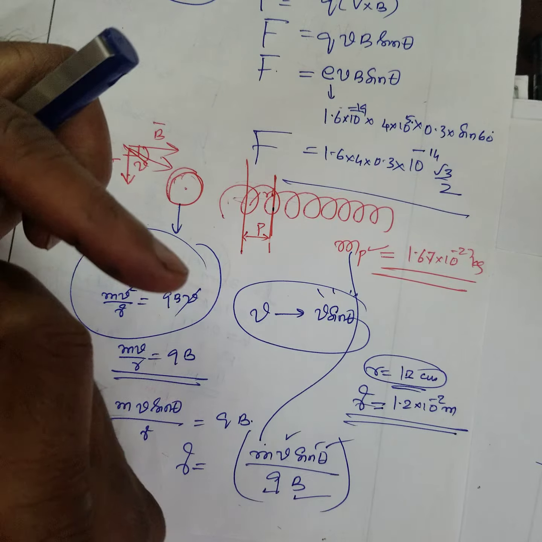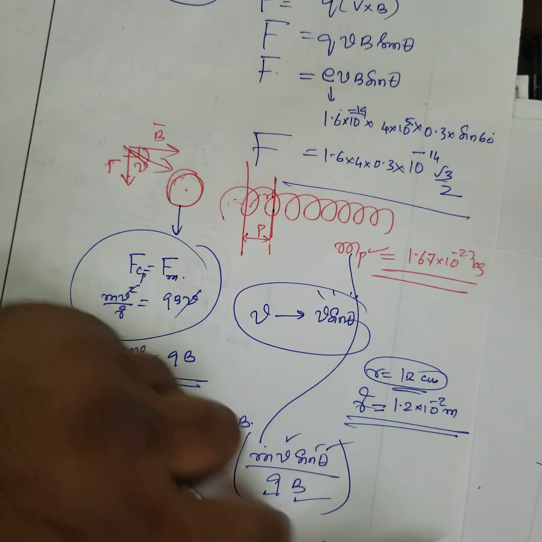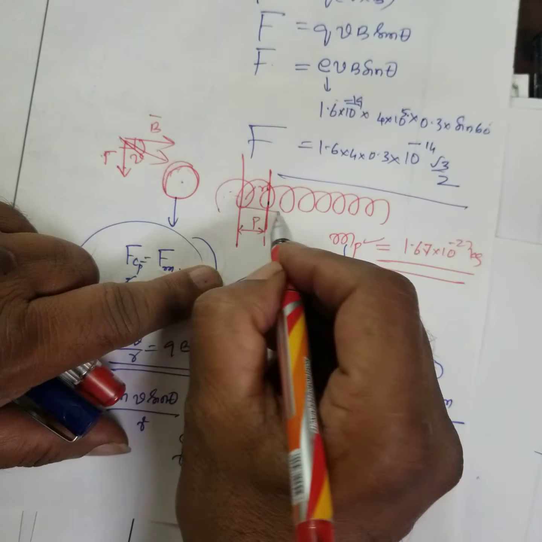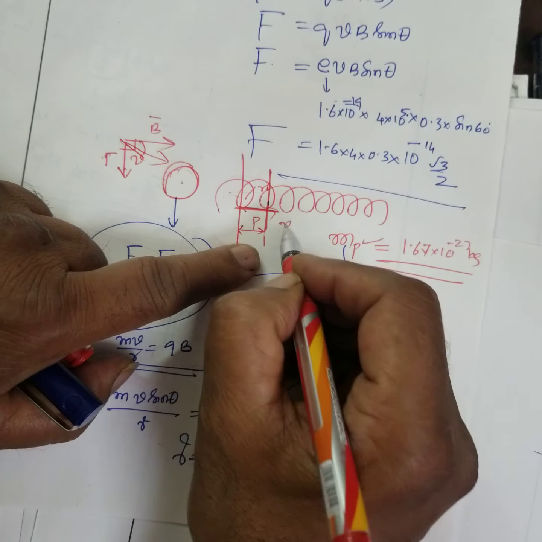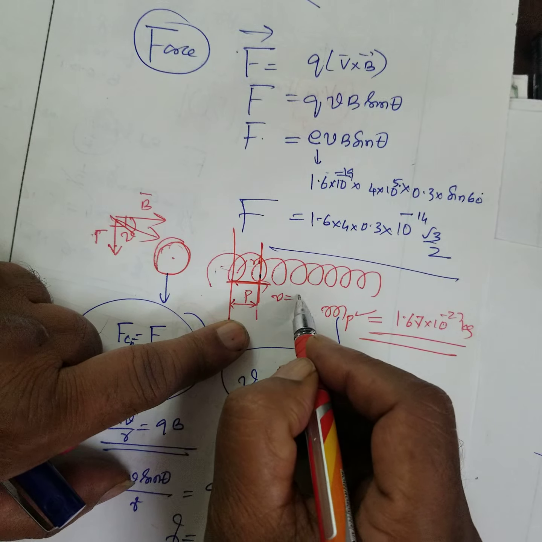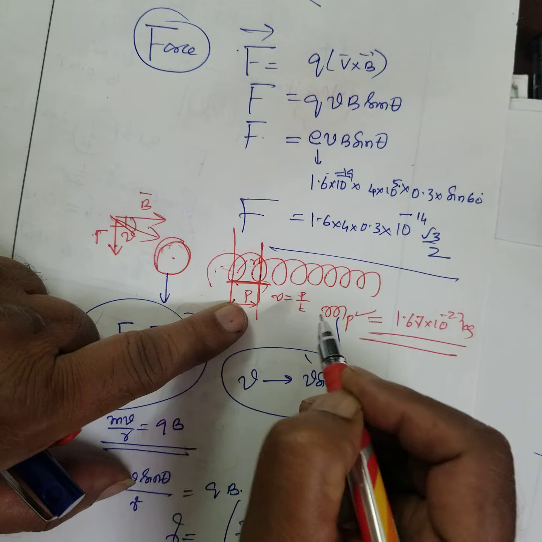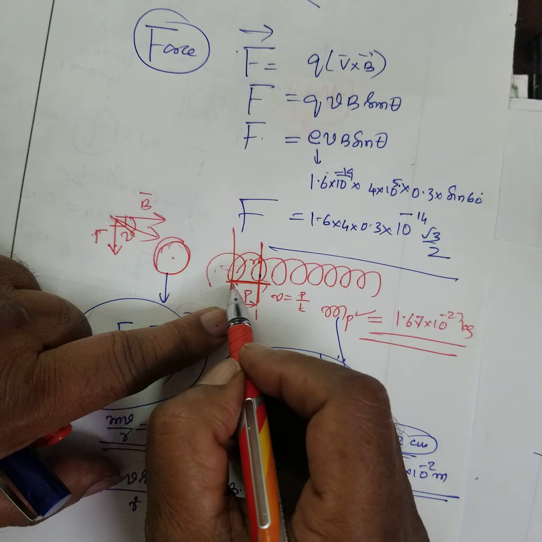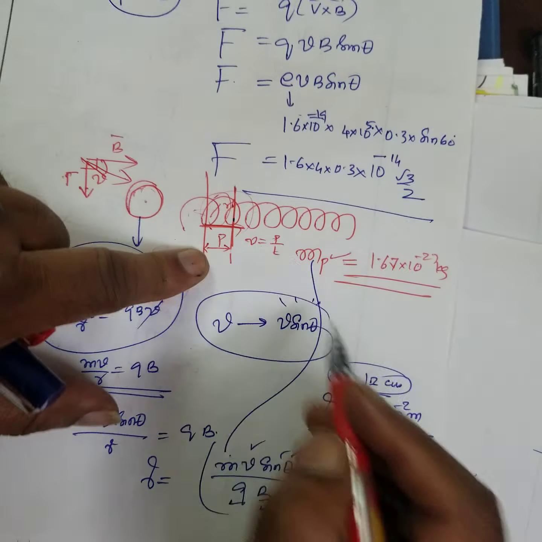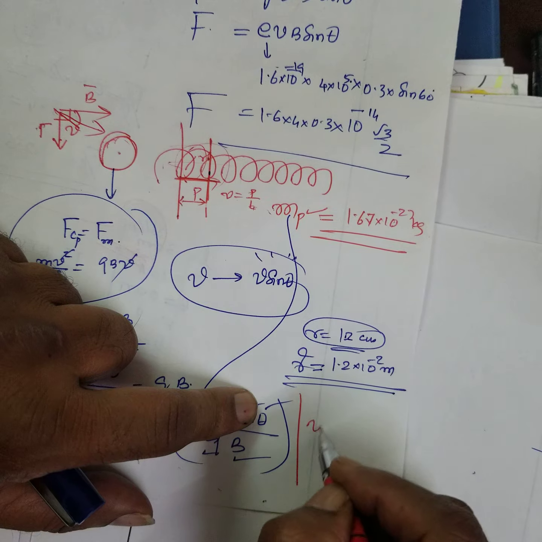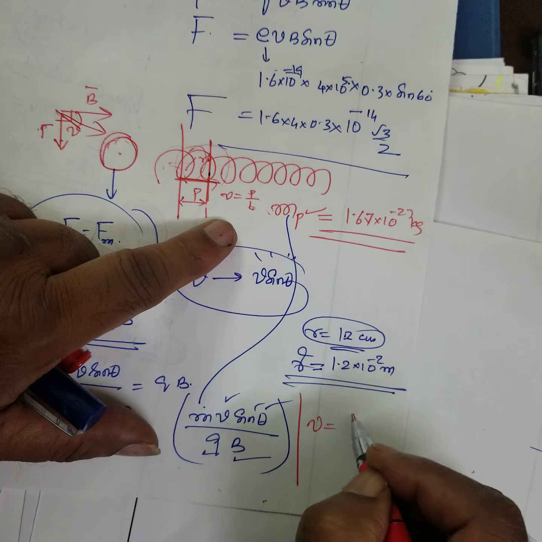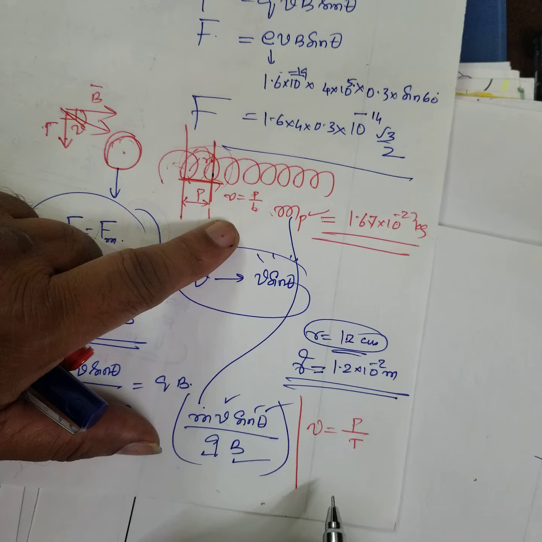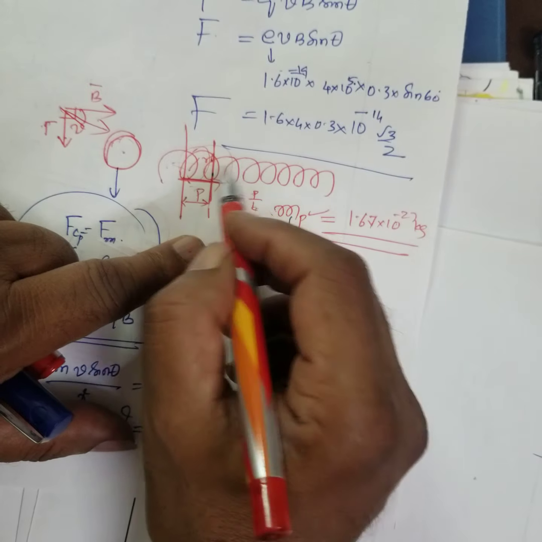Once you know the radius, the pitch is easy. What is pitch? Pitch is the distance traveled. Velocity is equal to distance traveled by time taken. Time taken is the time for one rotation. Velocity is equal to distance by time taken, the time taken for one rotation.